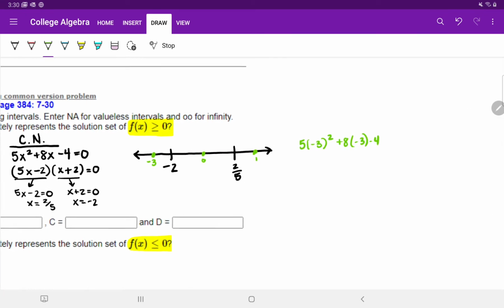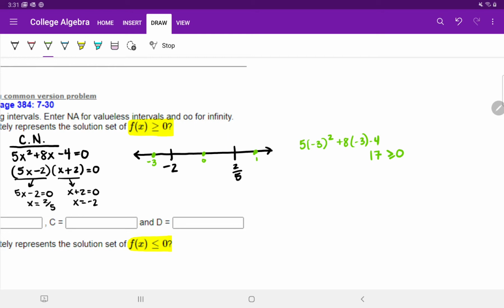When we plug that in, we end up with +17. Is that greater than or less than 0? It's greater than or equal to 0.